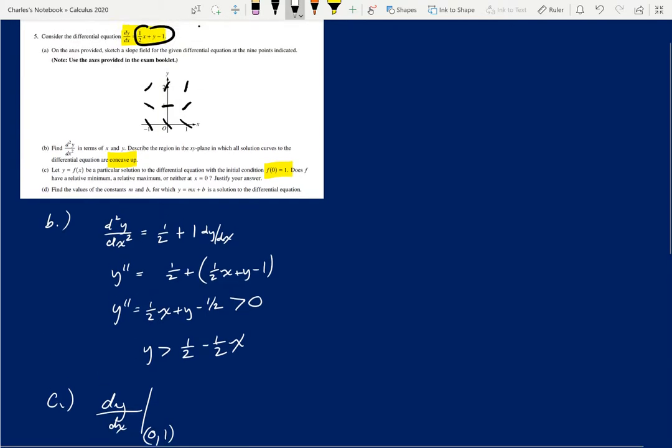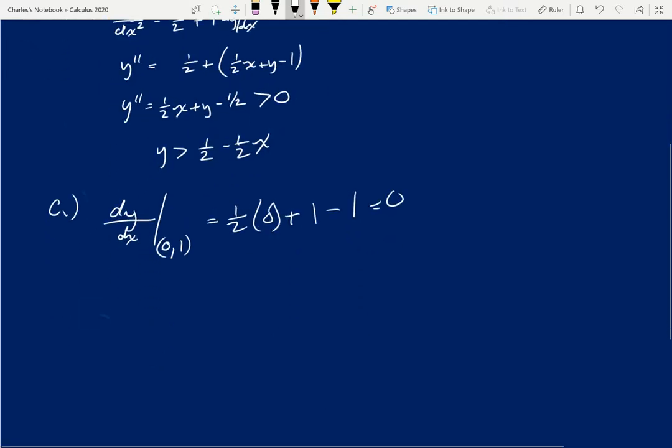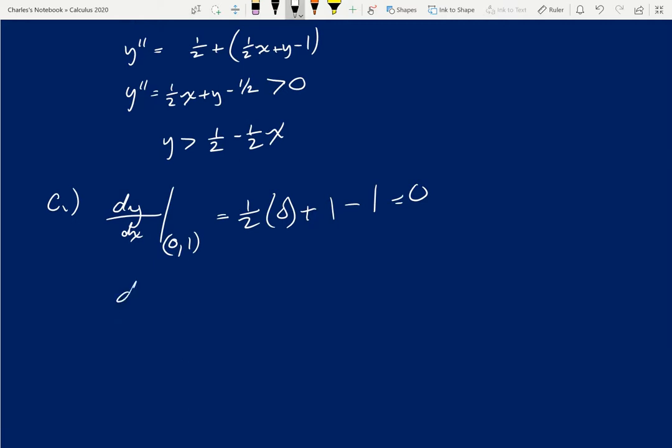That derivative function is 1/2 x plus y minus 1, and y is 1. That equals 0. That means it's a critical point. We have to dig deeper: it could be a minimum, it could be a maximum, or it could be a faker and be neither.